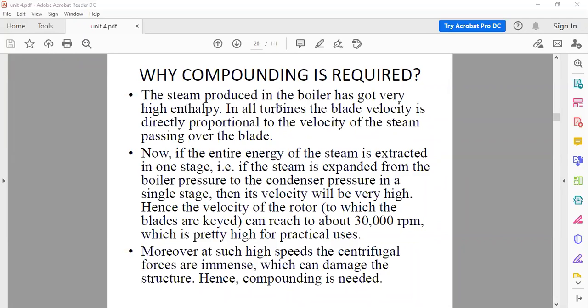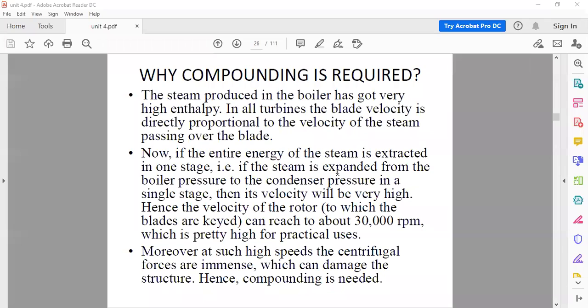The steam produced in the boiler has very high enthalpy. In all turbine blades, velocity is directly proportional to the velocity of steam passing over the blades. Why is compounding required? Due to the high velocity of the steam, our impulse turbine blades rotate at very high speed, up to near about 30,000 rpm.